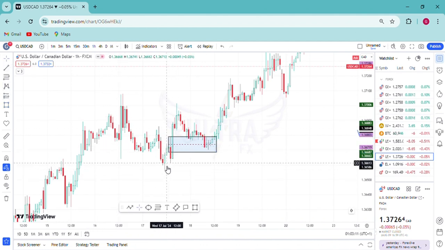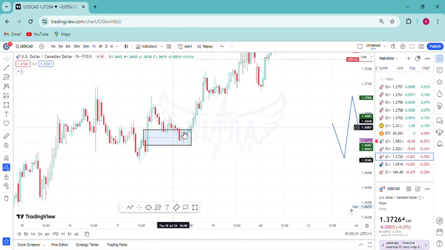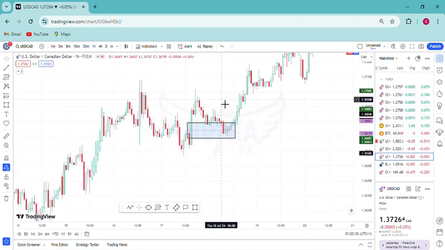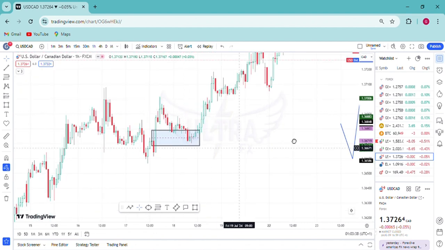You can see that there was a low and there was a higher low. Price comes up here and creates a higher low, rallies to the upside, then taps into it. What we can see is a mitigation block. Price mitigated it.